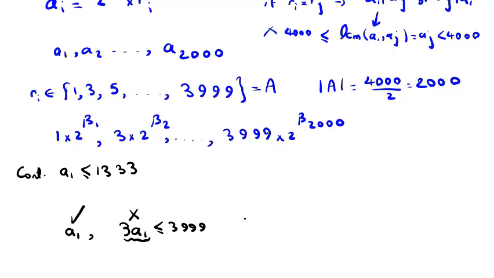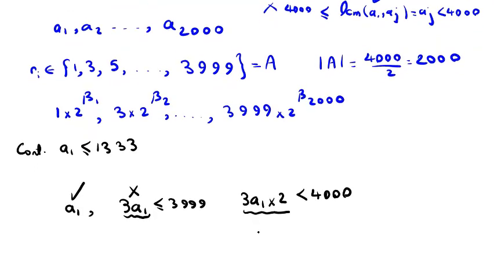So we have at least 3A1 times 2, and 3A1 times 2 is less than 4000. So 3A1 times 2 or times 4, because we have one of them, we know 3A1 times 2 is less than 4000, but maybe we select 3A1 times 4. When 3 times A1 times 4 is selected, it is less than 4000, so it's obviously 3A1 times 2 is less than 4000.